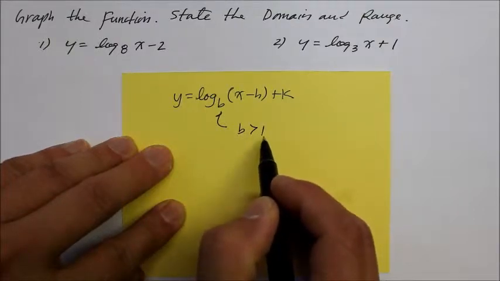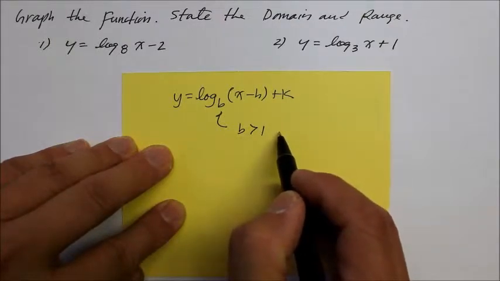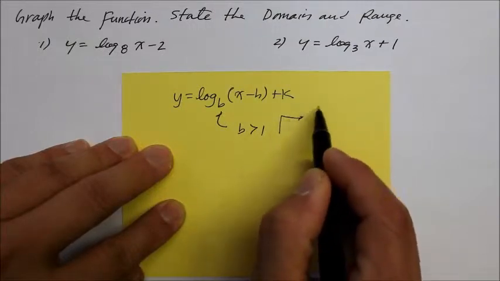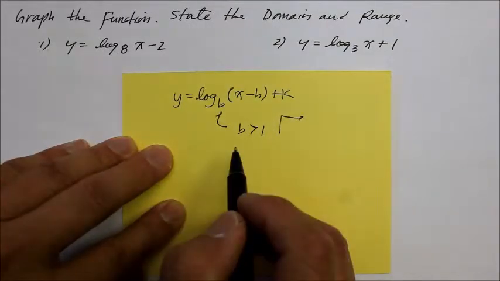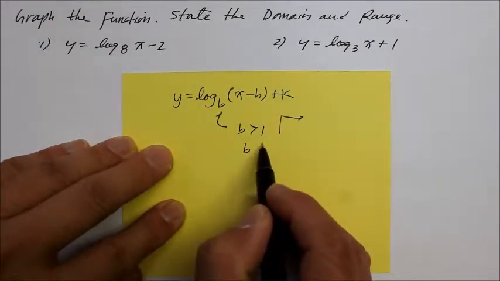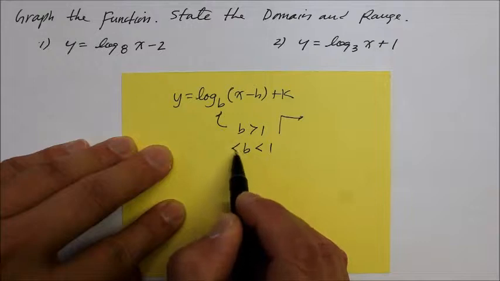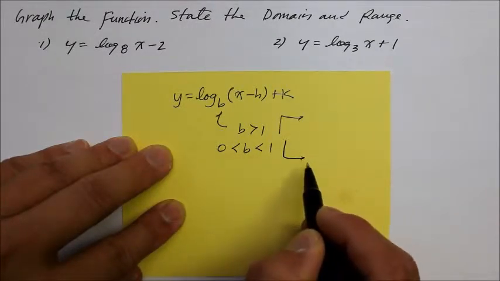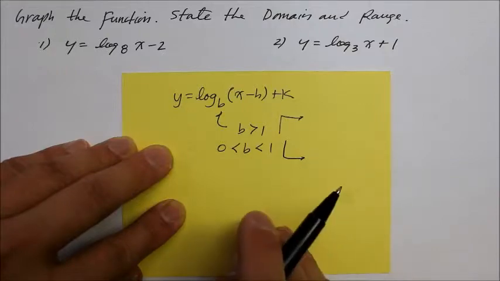If that happens, the graph will always go up and to the right. And if that base b is a fraction, less than 1 but greater than 0, then it will go down and to the right in a curved format.